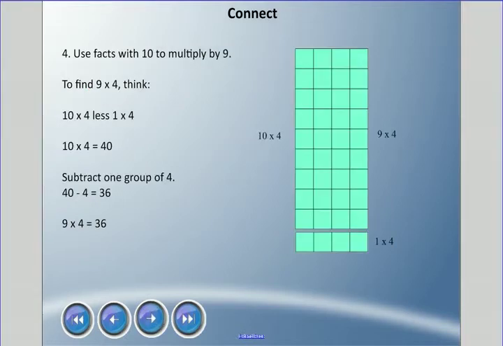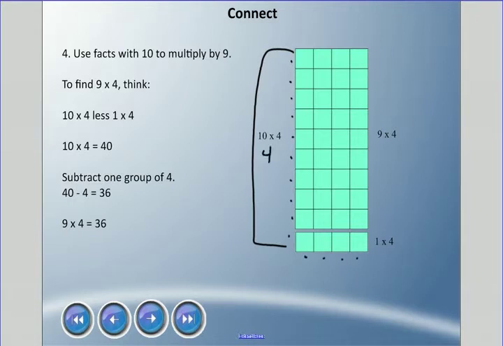And we seem to know the 10 times table fairly well because usually you just add a 0 to the number. But let's say we don't know our 9 times table very well. To find 9 times 4, what if we thought about 10 times 4? 10 times 4 is all of this: 1, 2, 3, 4, 5, 6, 7, 8, 9, 10 by 1, 2, 3, 4.